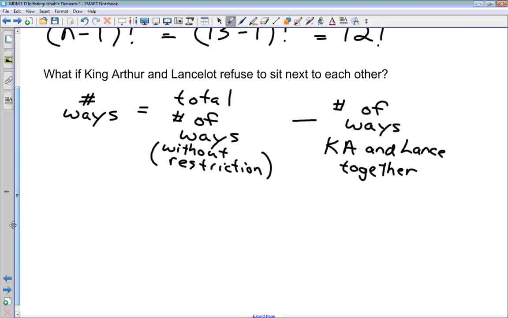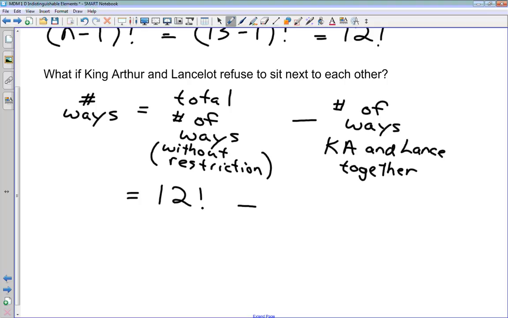So we know the total number of ways without this restriction. That's 12 factorial. We did that up at the beginning. How many ways can King Arthur and Lancelot sit together? Well, again, just like when we were working with those vowels, let's treat Arthur and Lancelot as a little unit. Treat them as one person for the time being.